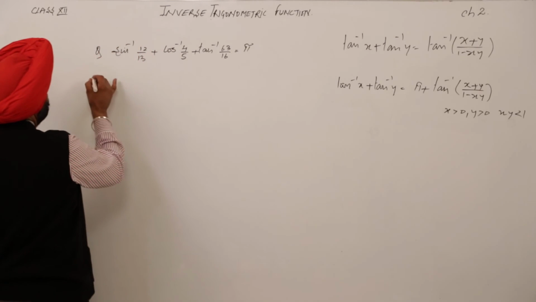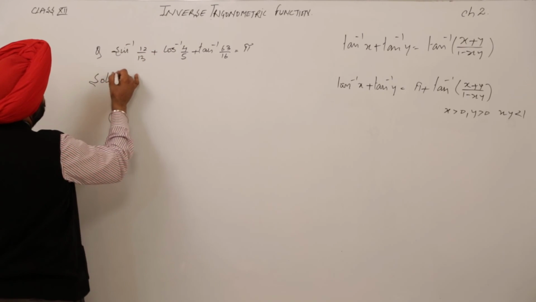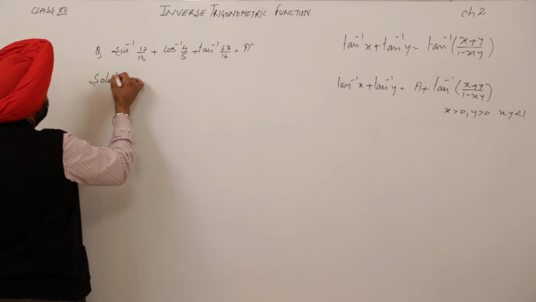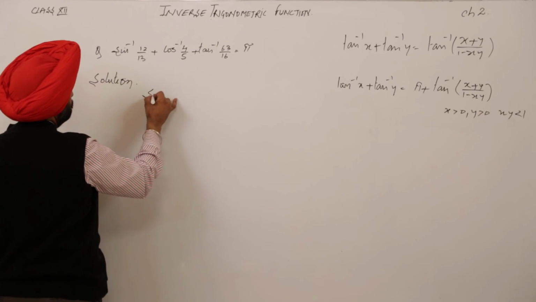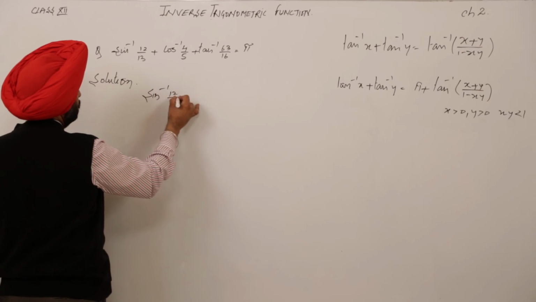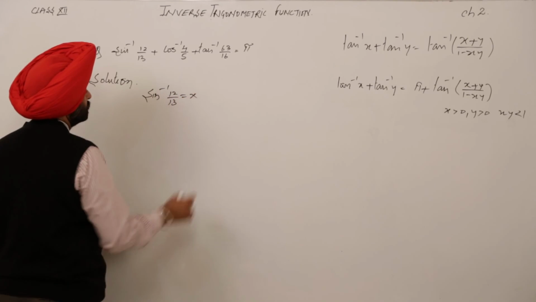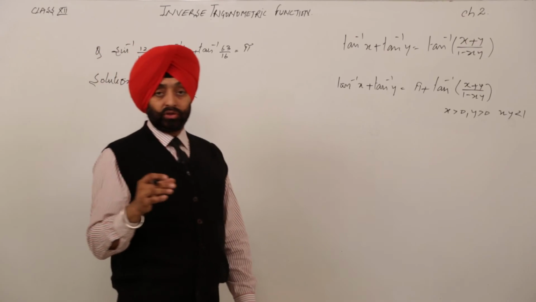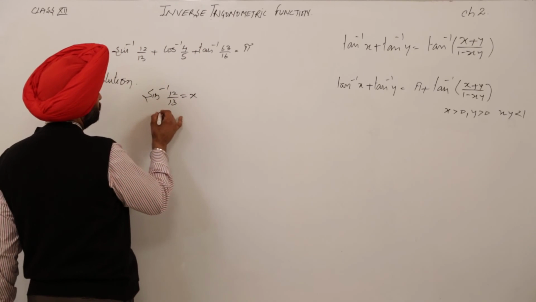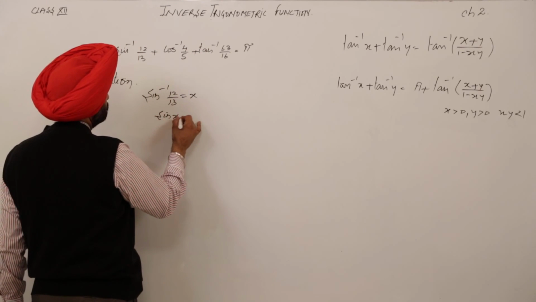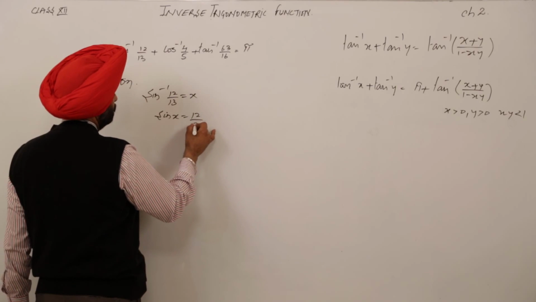Now for the solution part, I am going to write sin inverse 12 by 13 is equal to x. By the definition of inverse we have sin x is equal to 12 by 13.